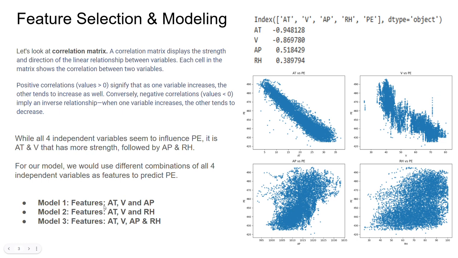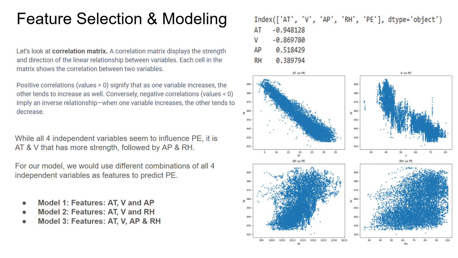We're going to use three columns as features: ambient temperature, exhaust vacuum, and the ambient pressure. The second model execution, which is again the same multiple linear regression, but uses a different set of features: temperature, vacuum, and relative humidity. Finally, we would execute the same multiple linear regression using all four columns as the features.